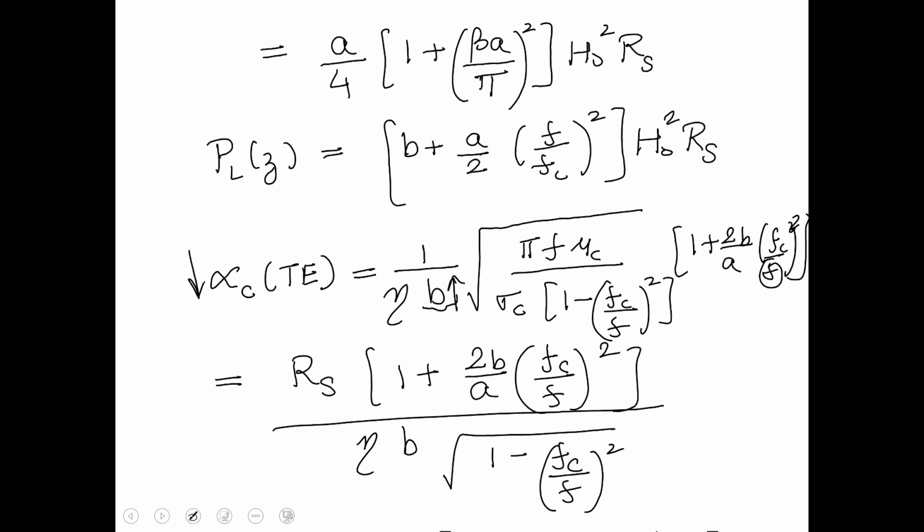And then the other term which you notice is that this is not now like your parallel plate waveguide. In parallel plate waveguide, for TE, if you plot this equation, as the frequency increases above the cutoff frequency, the more you increase the frequency, the lower the loss would become.